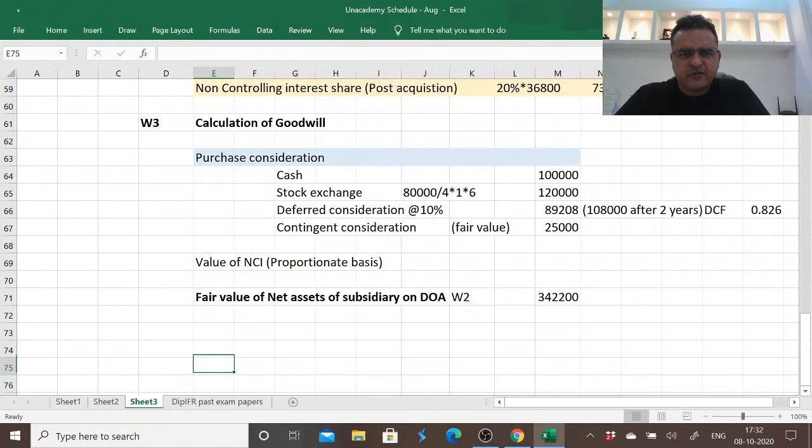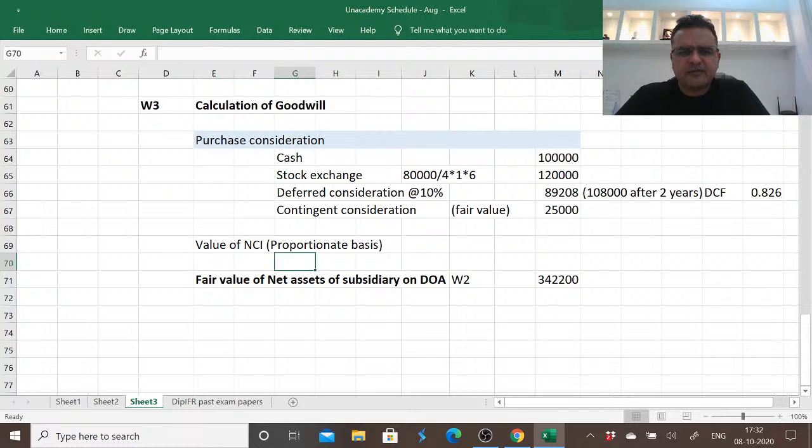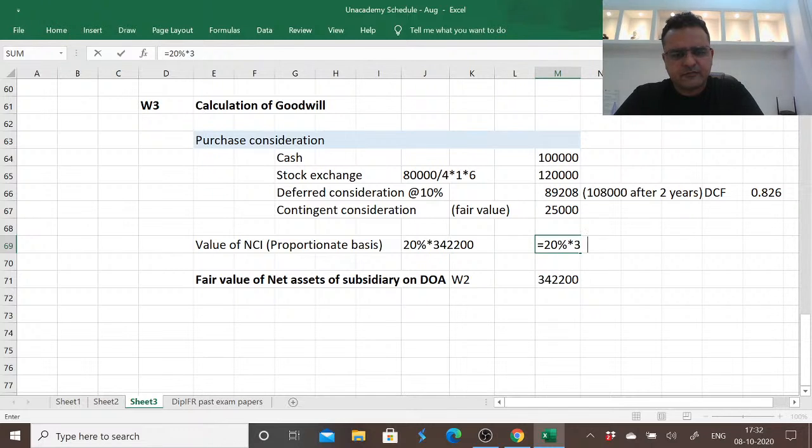If I include the value of NCI on proportionate basis, that means the net assets of subsidiary on date of acquisition were mentioned at 342,200. 20% of 342,200 will belong to NCI. So when we total up, the total is 402,648.